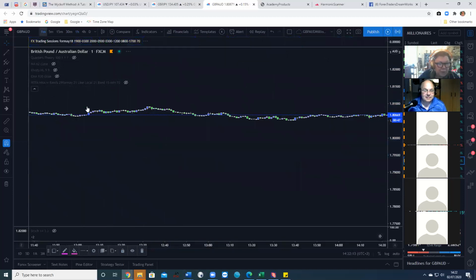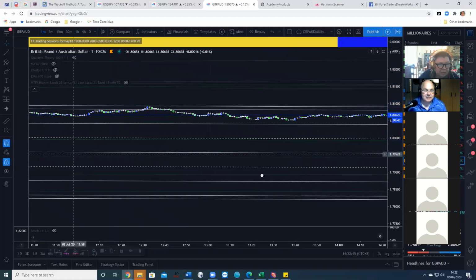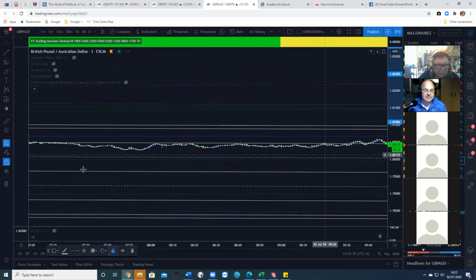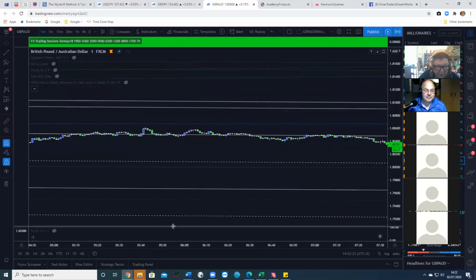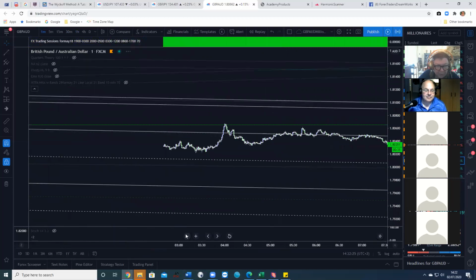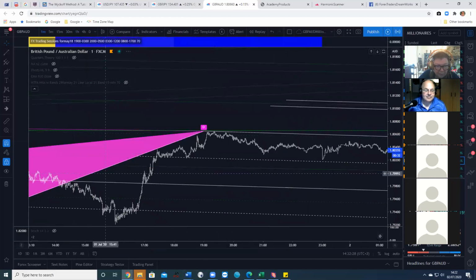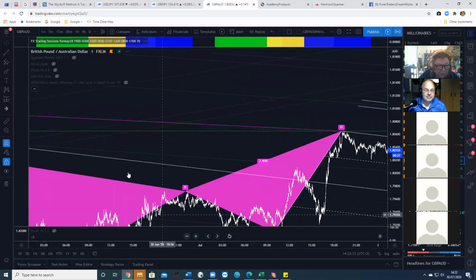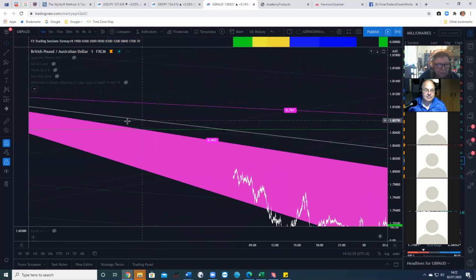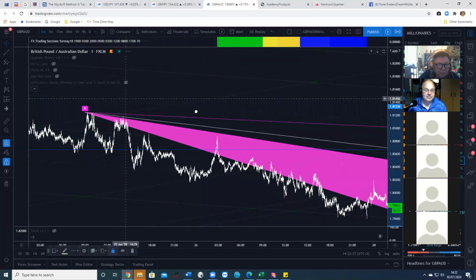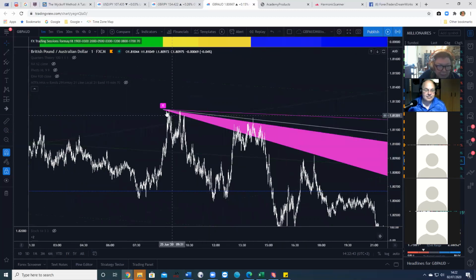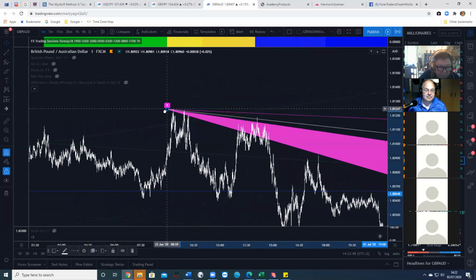And then you just come down to the 1 minute to make sure the point is on the nearest high in order for the pitchfork to be accurate. So you can see here, although it looked accurate on the hourly, you need to pull it to the nearest one.